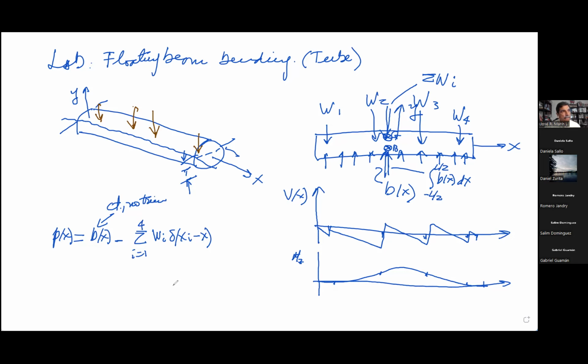This is constant because we are using a distribution which is symmetric with respect to midship. So you could integrate P of X and calculate V of X, then integrate V of X to calculate M of X.